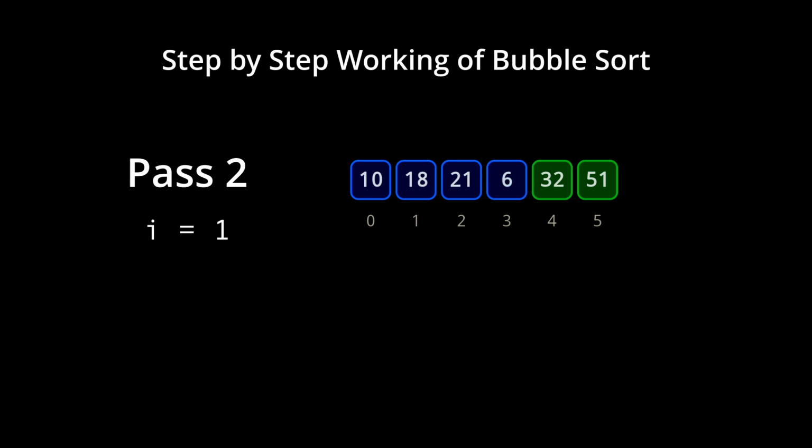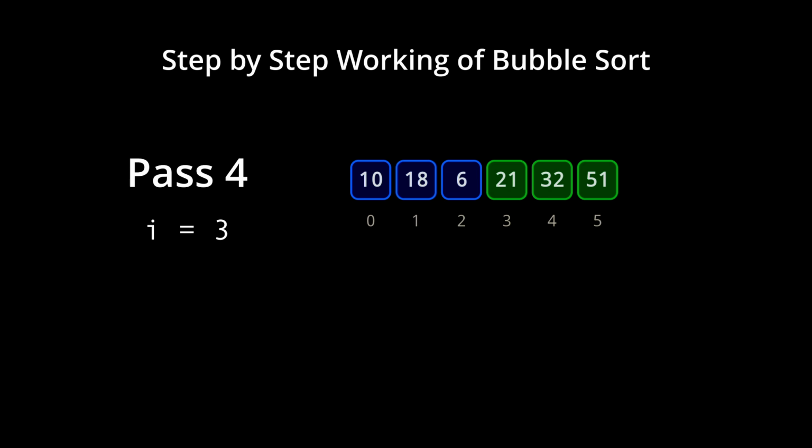Second largest 32 is now in place. Pass 3. Compare 10 and 18, already in order, do nothing. Compare 18 and 21, already in order, do nothing. Compare 21 and 6, 21 greater than 6, so swap these two elements. Third largest 21 moved to its correct position.